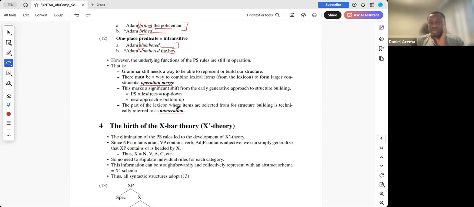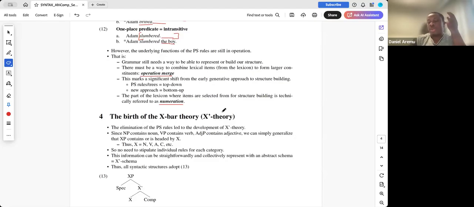The part of the lexicon where the items are selected from for structure building is technically referred to as the numeration. You have the mental lexicon where everything is, but the numeration is like your toolkit. All the words you need for a particular sentence or construction drop in the numeration.